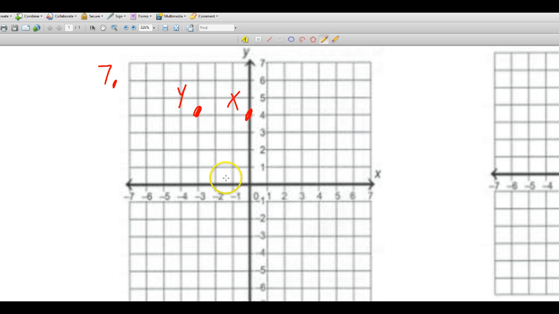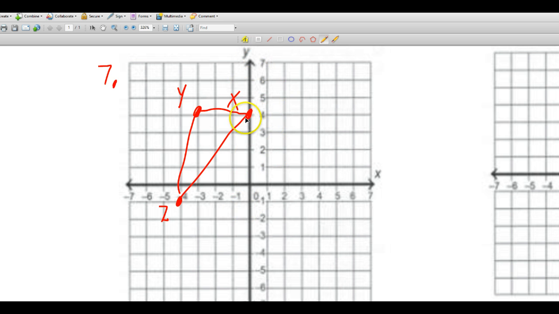And Z is at (-4, -1). So here's our pre-image.